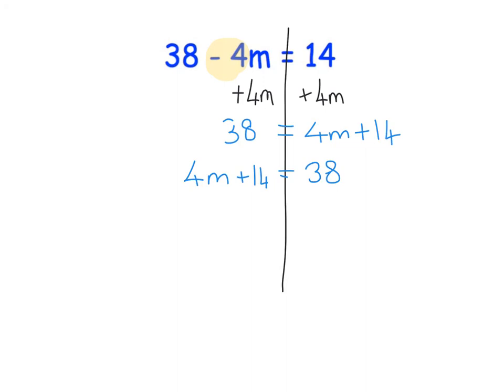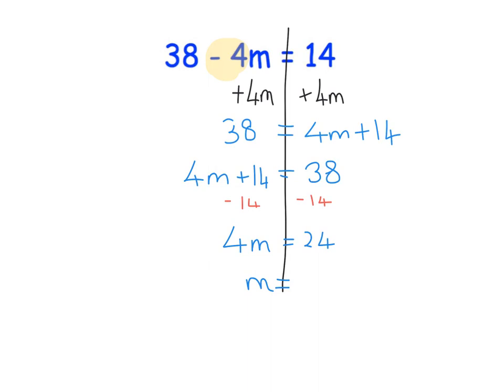So I want to find out what m is. So at the moment I've got 4m add 14. So the last thing I did was add the 14. So the first thing I've got to do is undo that by taking away 14 from both sides. So now I'm going to end up with 4m is equal to 38 take away 14, which is 24.